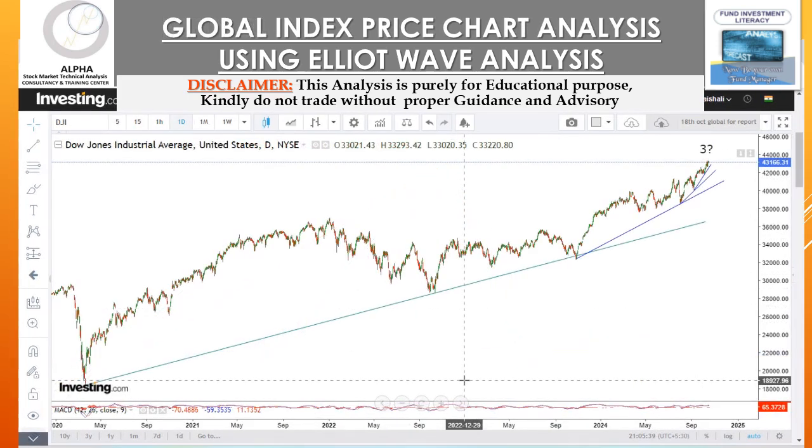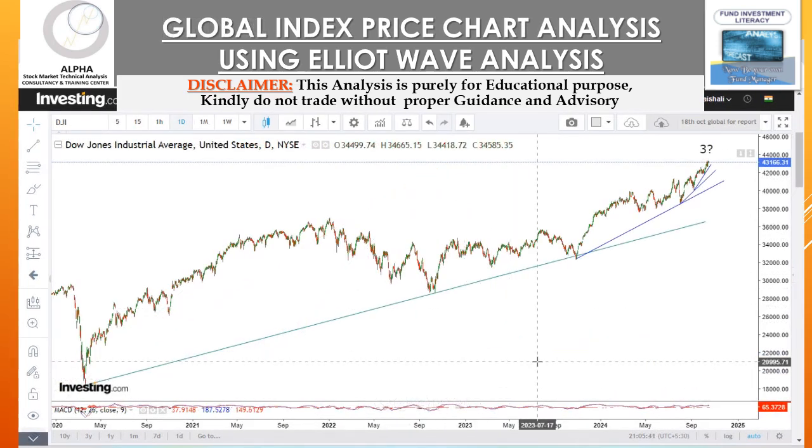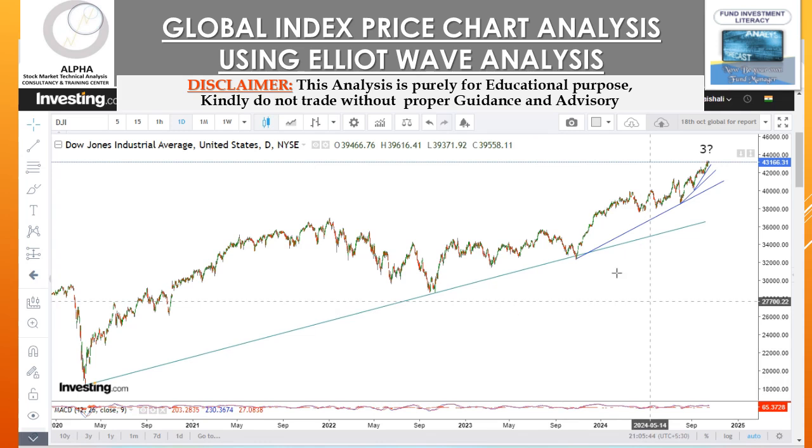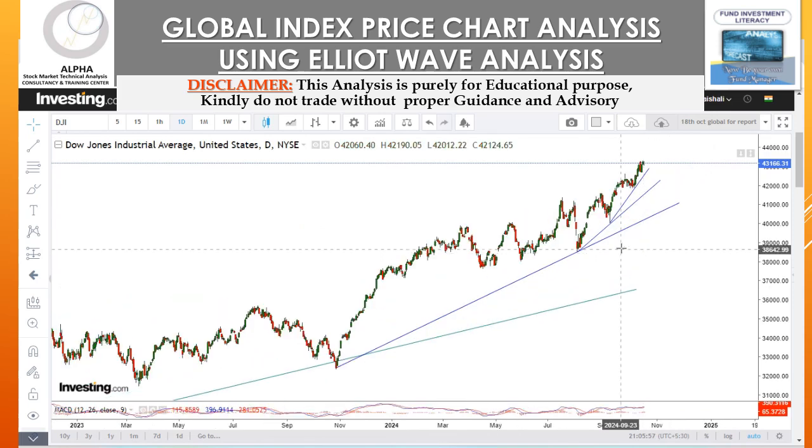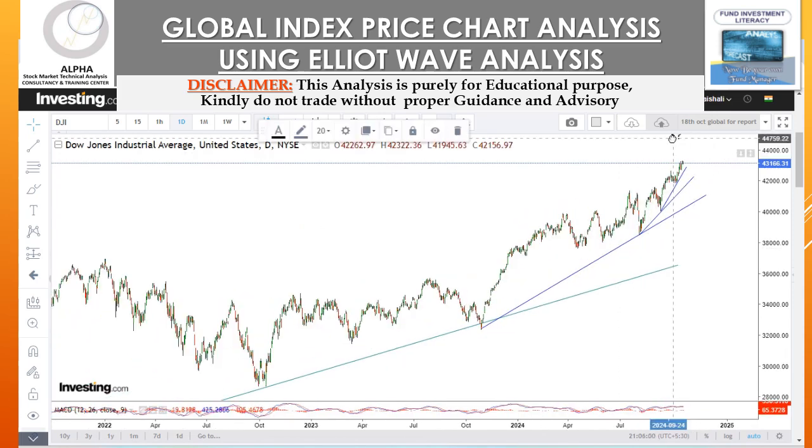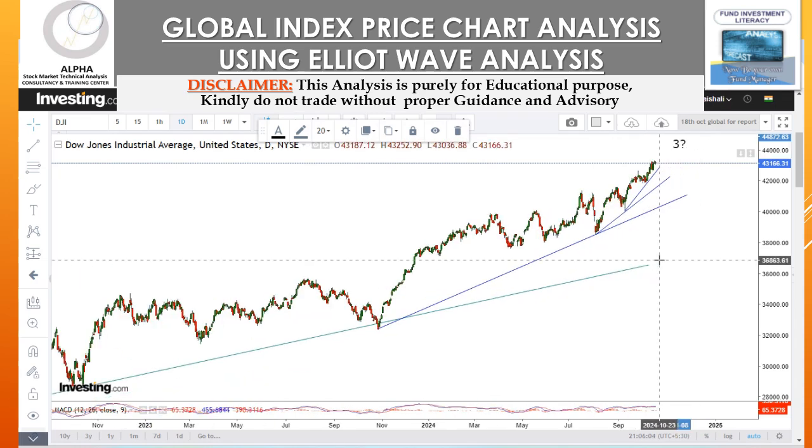So that's Dow Jones Industrial Average for the United States, New York Stock Exchange. So these are the trend lines that we already have in place to show the trend, and it has quite sustained the uptrend. We can see the latest here. So let me zoom. That's the third wave, that is the millennium third wave trend, super millennium trend. So look at that.